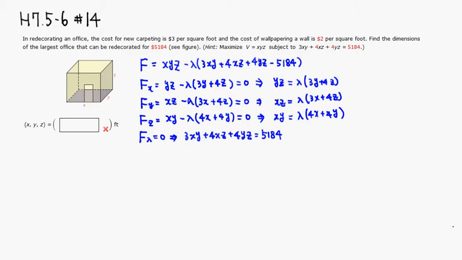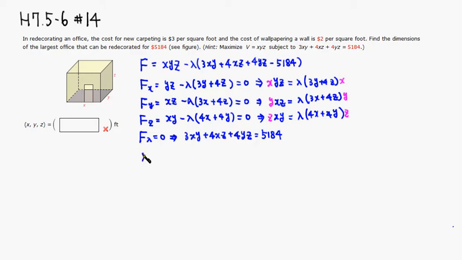So I'm going to multiply both sides by x for this one, and here there's no y, so I'm going to multiply both sides by y, and here there's no z, so multiply by z there. So you can see that the left-hand side is xyz in all three equations. So these have to be equal to each other.